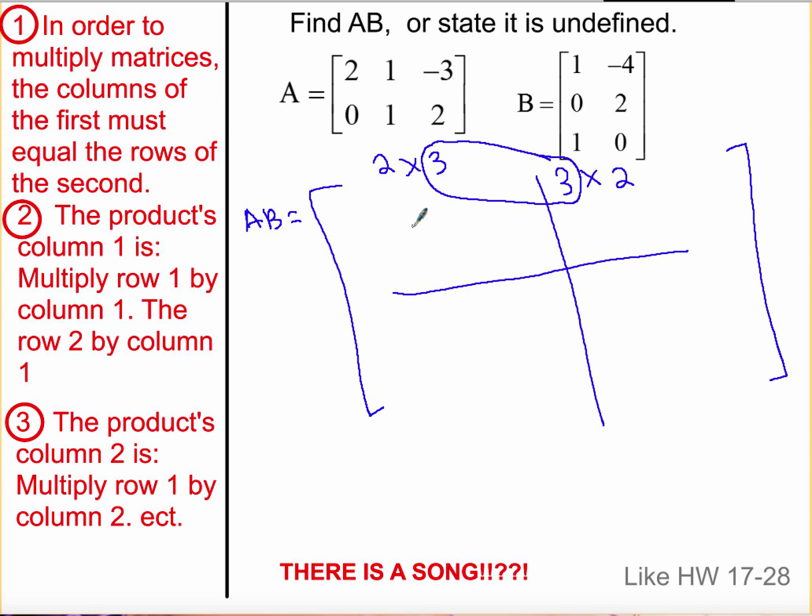So here we go. For my first element, I'm going to work with the first row and the first column. So my first row is 2, 1, negative 3. My first column is 1, 0, 1. I'm going to multiply the corresponding components together. So I'm going to have 2 times 1 plus 1 times 0 plus negative 3 times 1. Maybe tidy that up a bit, huh?